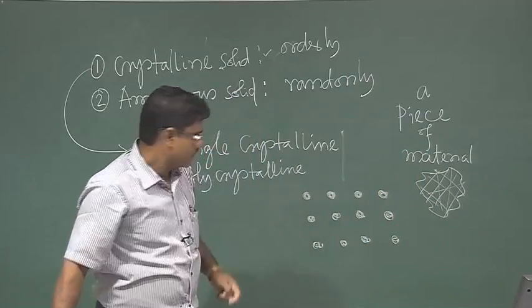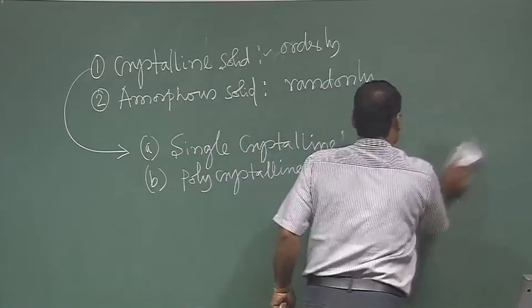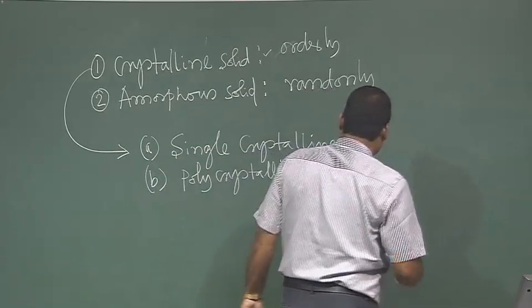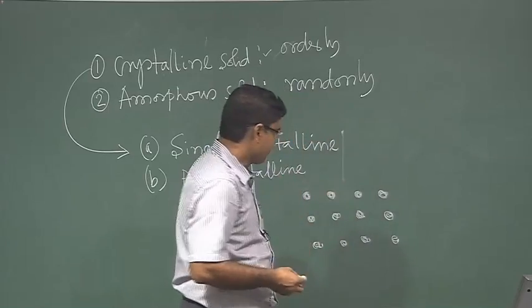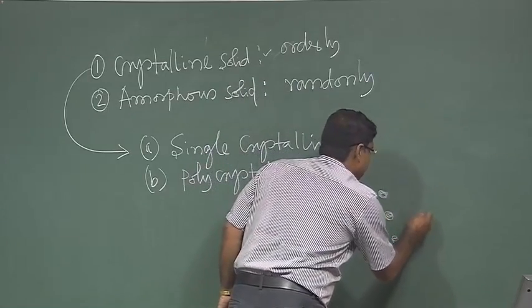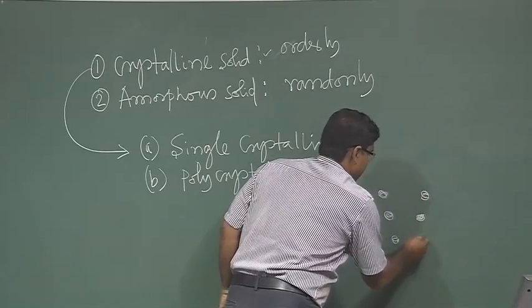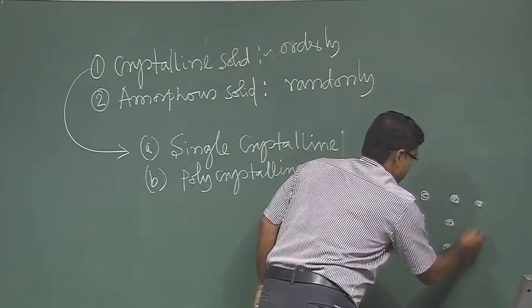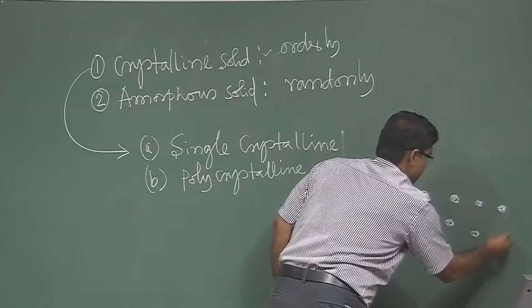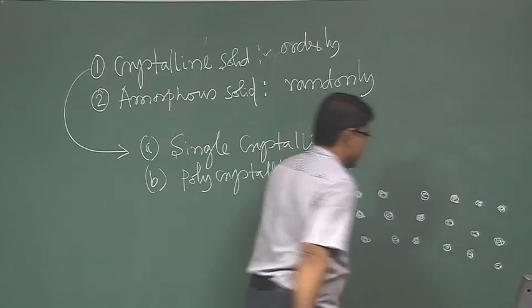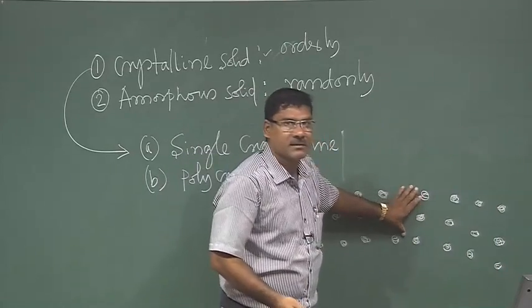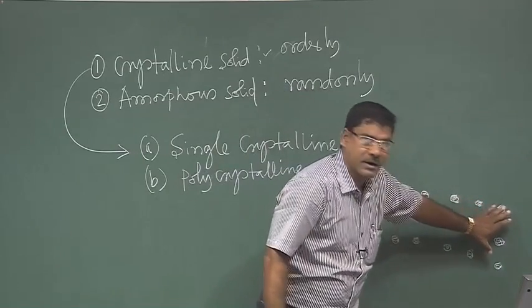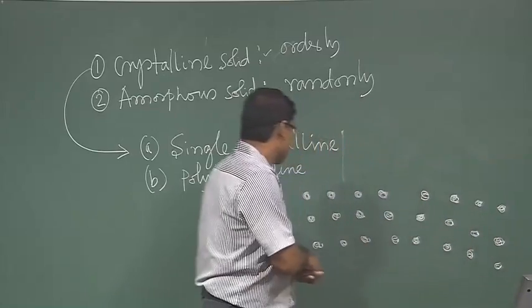But what happens during this arrangement, if after some distance it is interrupted, means it is not continuing in the same way. Here the interruption is there. Now it is again ordered, but what is the difference you can see.